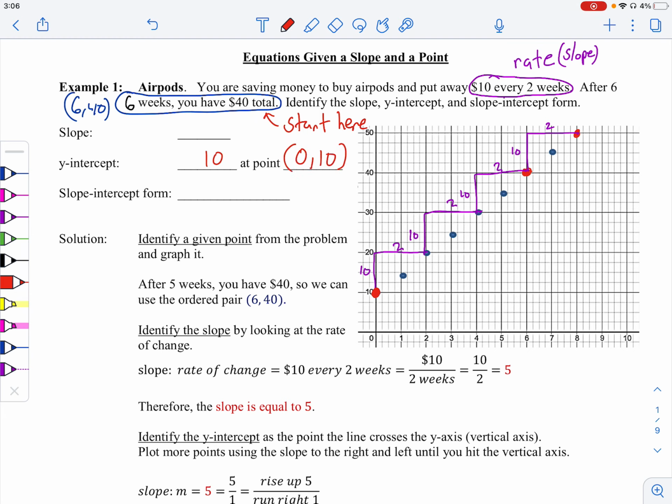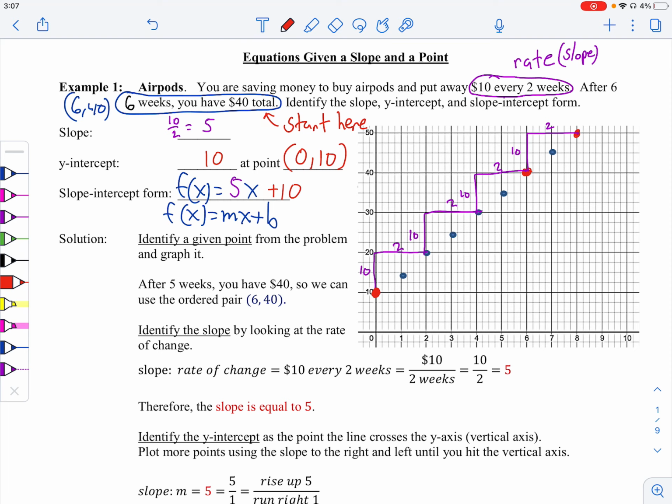Our slope is 10 over 2, which is 5. So our slope-intercept form, remember we compare it to f of x equals mx plus b. So we get f of x equals something x. Our slope is 5 and our intercept is 10, so plus 10.